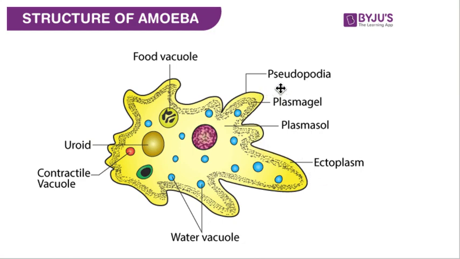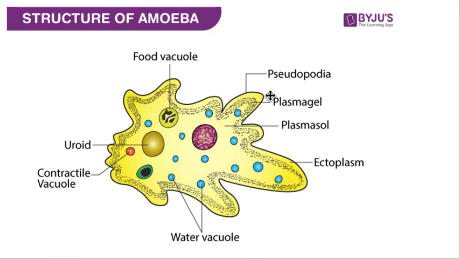As you can see here, it stretches the pseudopodia out, and because of that, the parts in the back also have to move forward. It basically stretches itself out and then pushes together, kind of like an inchworm.